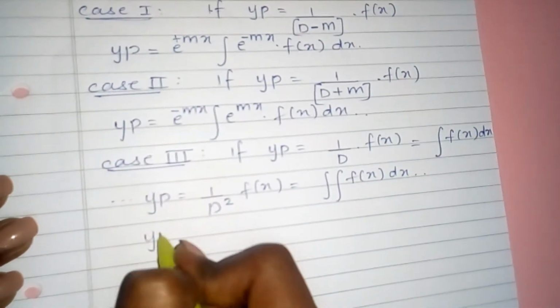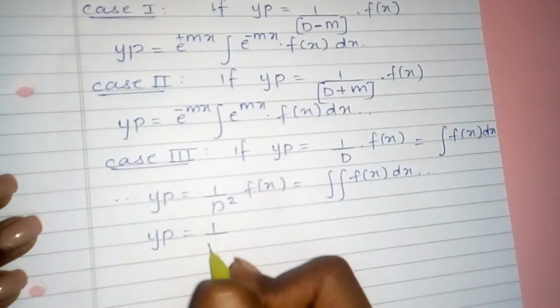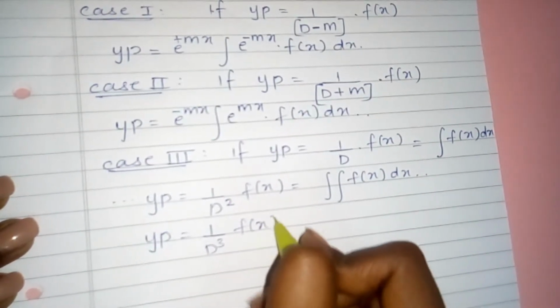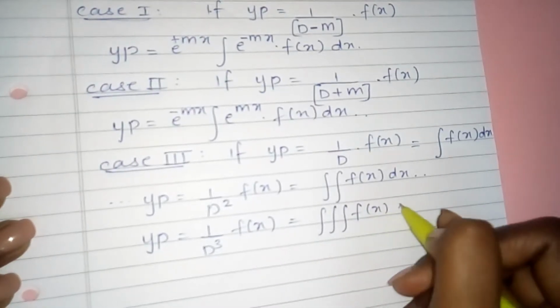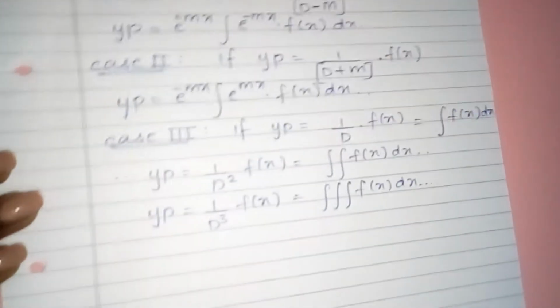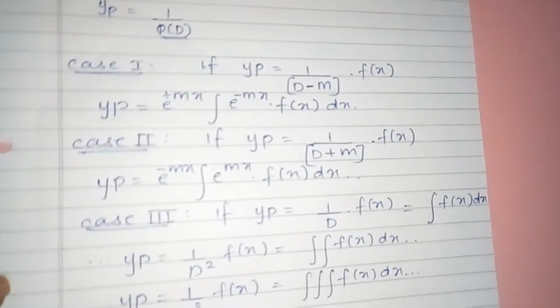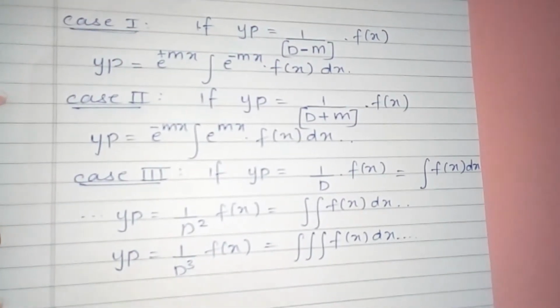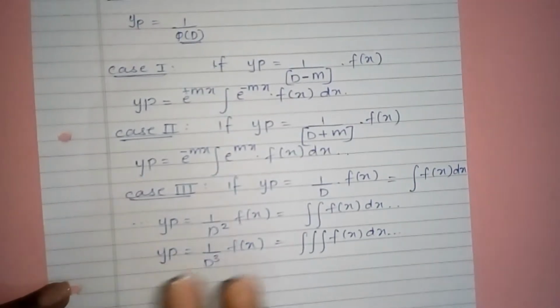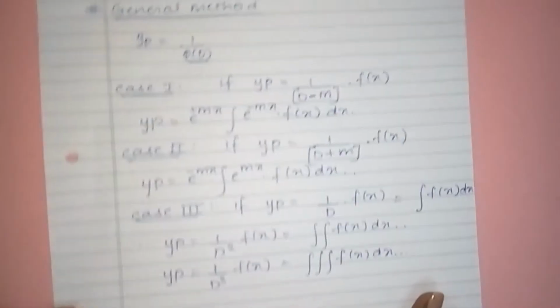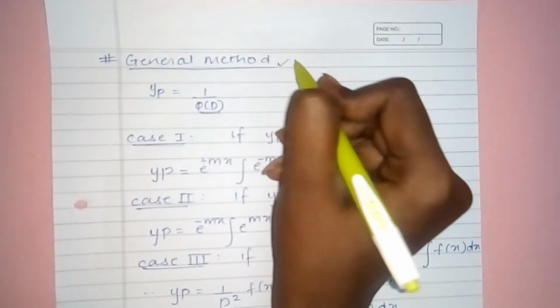If it is 1 upon d cube f of x, then it will be triple integration of f of x dx. These are the 3 very important cases. If you know them, you can easily solve any sum. These are the 3 cases for the general method.